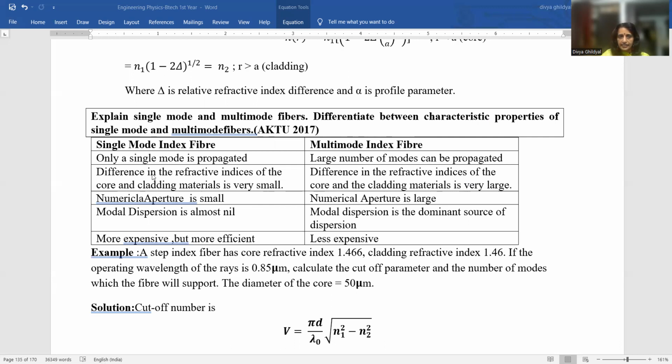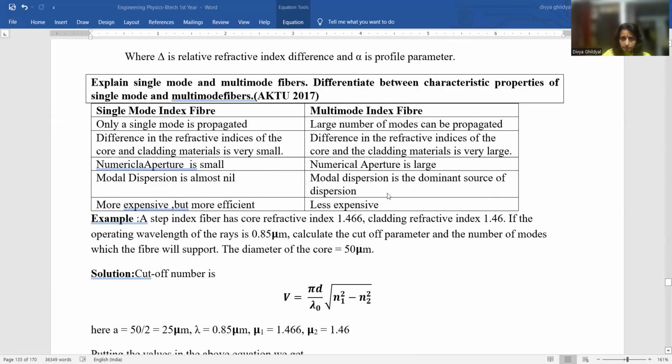Here in single mode, numerical aperture or opening is small. Here, numerical aperture is large. Modal dispersion, obviously, when a single ray is transmitting, the dispersion will be less. Here, dispersion will be more. But single mode fibers are more expensive compared to the multi-mode index fiber.